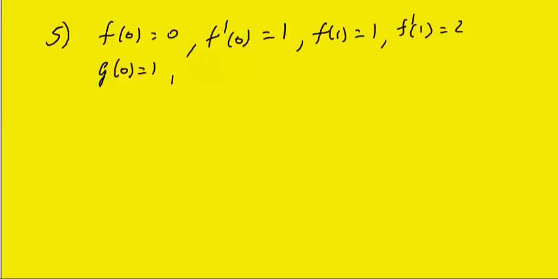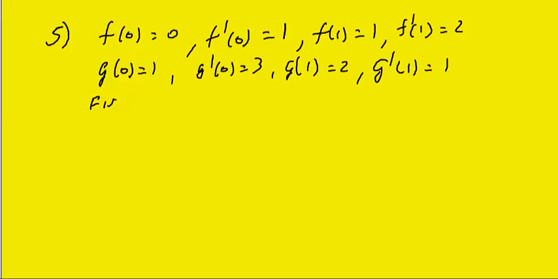This is endless. g prime of 0 is equal to 3. g of 1 is equal to 2. And g prime of 1 is equal to 1. And they want you to find, okay, A, f of g prime of 0.